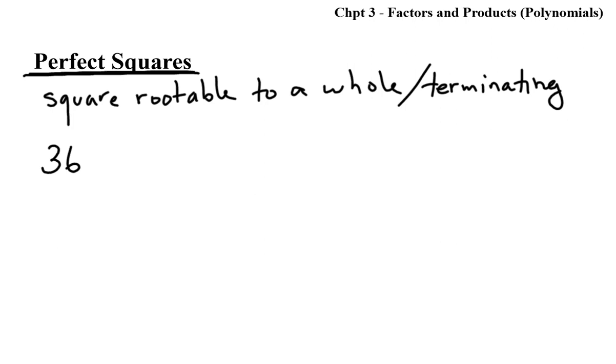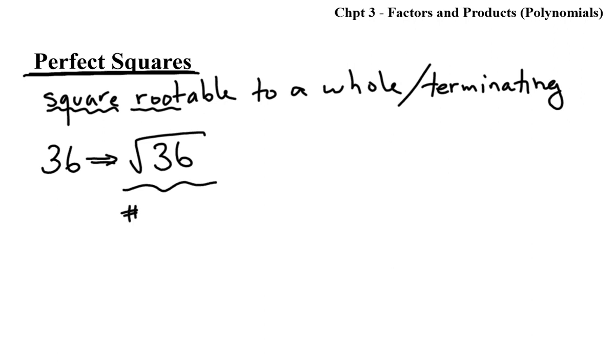With 36, we can actually square root it. That's the little symbol we've seen before, square root of 36. This is asking us to find the number that you multiply by itself to get that product of 36. So if we start with 36 and we square root it, we get the square root value of 6.